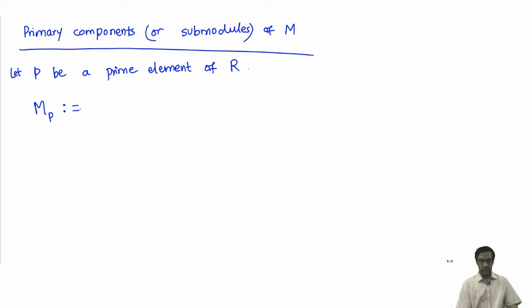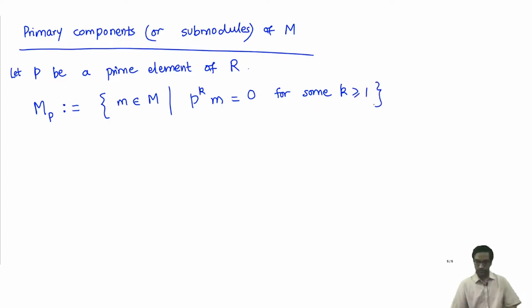Okay, so what is this? This is almost like the definition of the torsion module. You take those elements of M which are annihilated by some power of P, such that P to the k annihilates m for some k greater than or equal to 1.